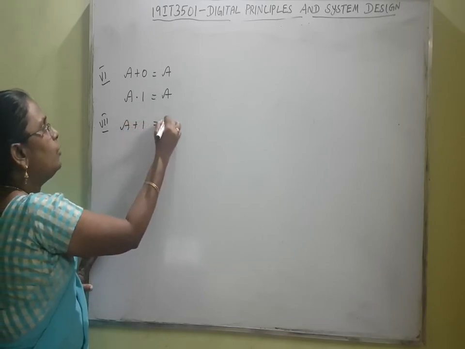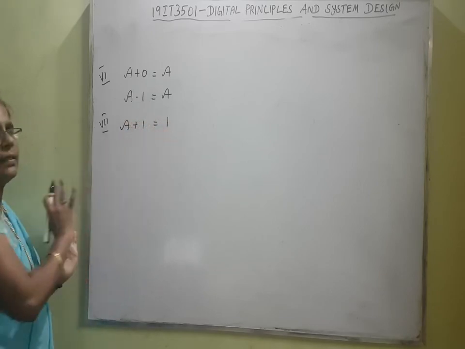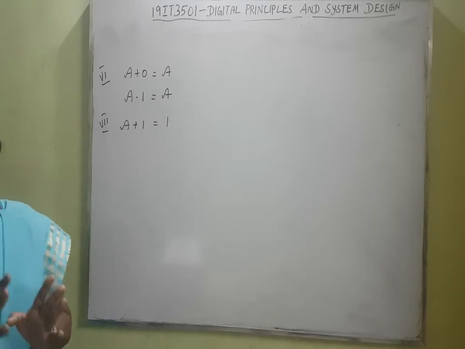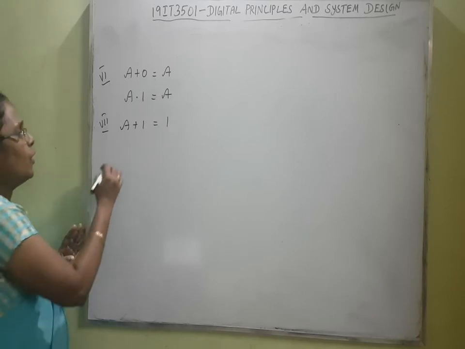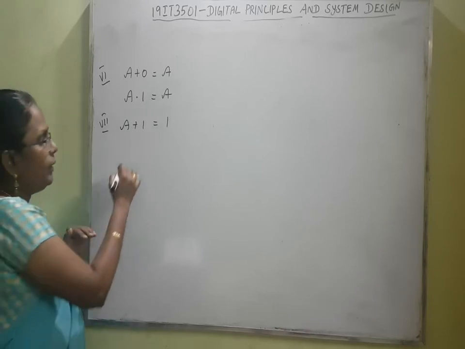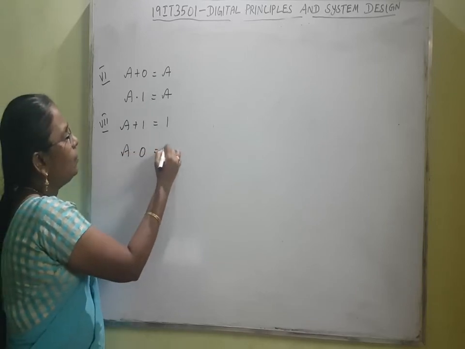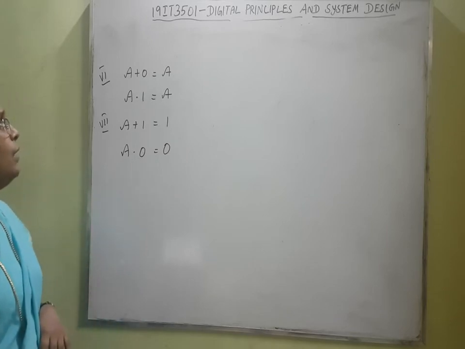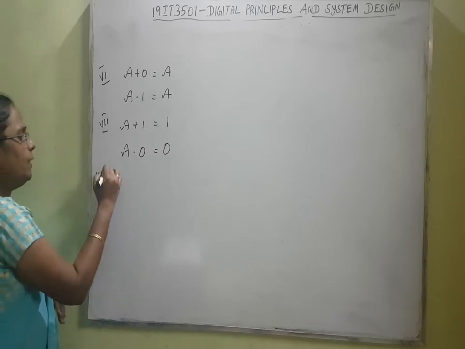Now A plus 1 is equal to 1. Anything plus 1, or 1 plus anything, is always equal to 1. And also you have A into 0 is equal to 0. Anything into 0 is equal to 0.